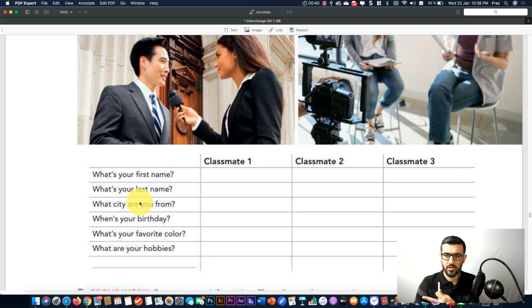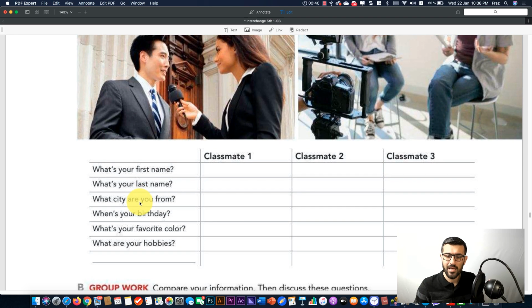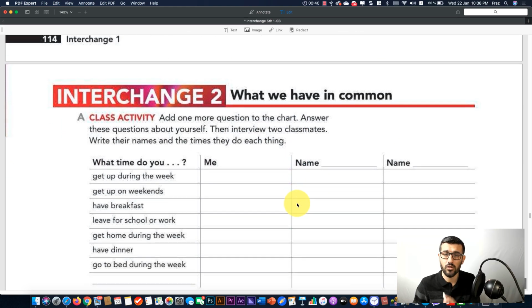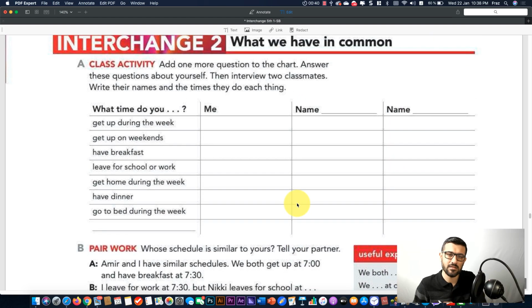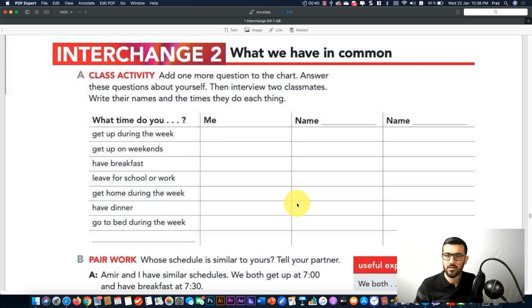See what is, for example, your brother's first name and last name, and then what city is he or she from, and when is his birthday, their favorite color, and so on, and then you can go on and ask others. So in this way you can practice your speaking and enhance your speaking skills. So for the other units you will have the same thing, and you have to read on your own and complete the charts and practice more and more.